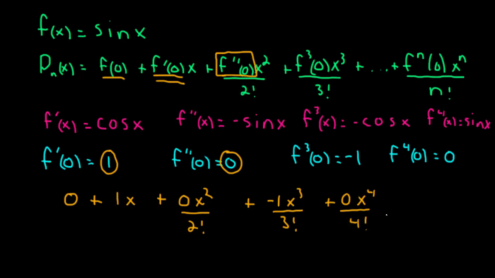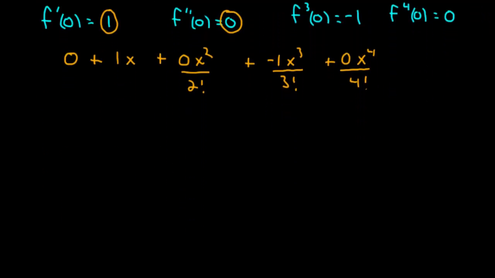Now, a couple of things I want to point your attention to here. One, I started this off by saying let's go ahead and make a fourth degree Taylor polynomial. And you'll see that the fourth degree Taylor polynomial is going to be the same as the third degree Taylor polynomial. X, this term gets wiped out. This is really negative x cubed over 3 factorial, and then your fourth degree term gets wiped out.